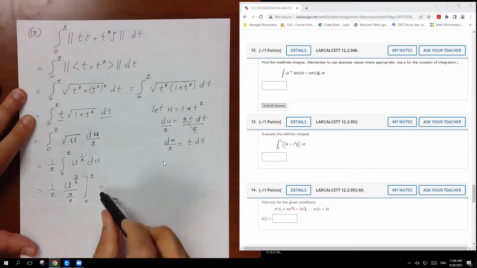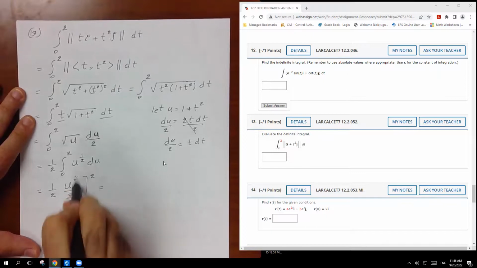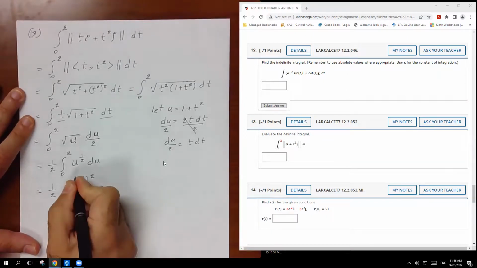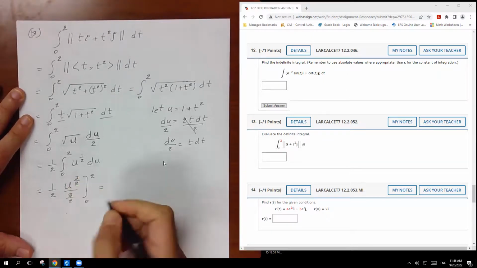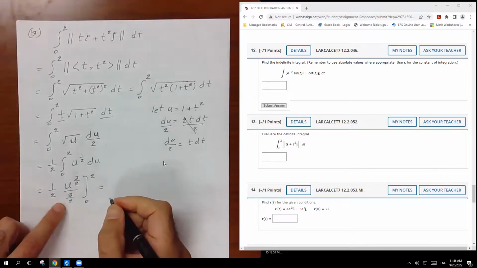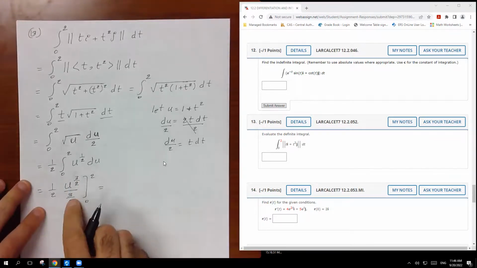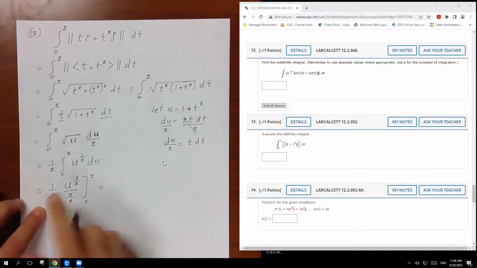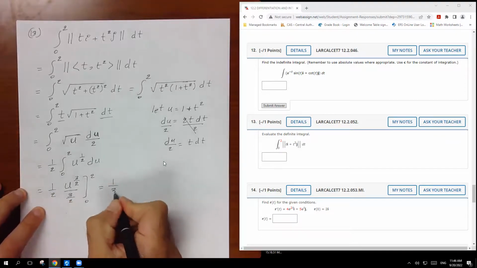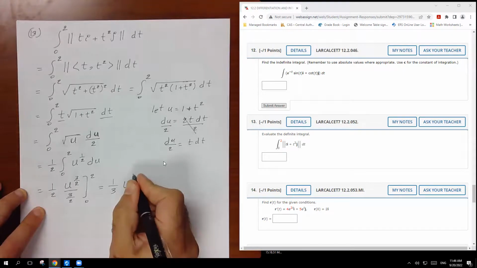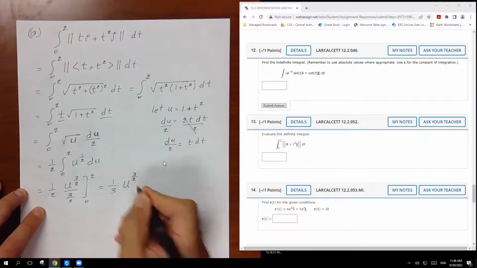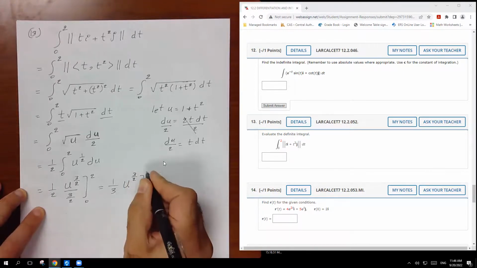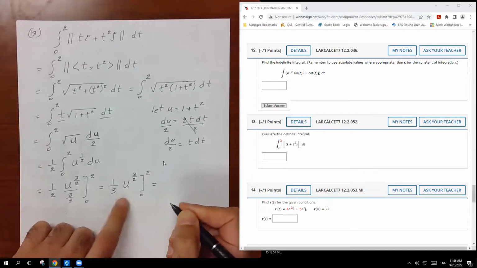There's no c, you're not going to add the c because there's a boundary for this one. So you flip this denominator here, and it's going to be 1 over 3 u to the power 3 over 2 from 0 to 2. Now we're done.